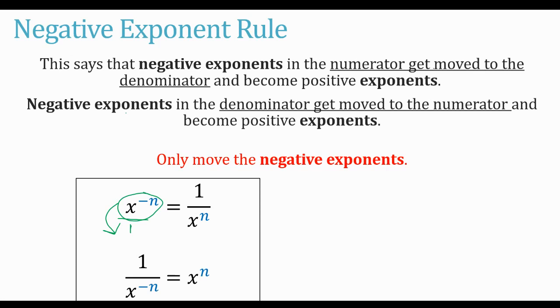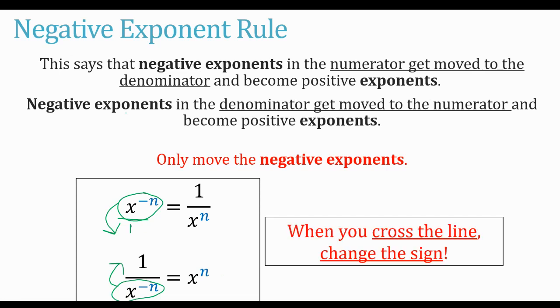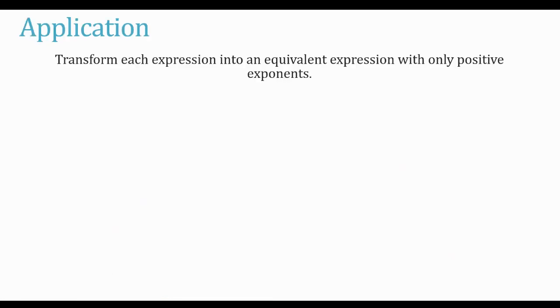Same thing if the exponent is in the denominator: we're going to take this, move it up, and our exponent becomes positive. A way to remember this is: when you cross the line, change the sign. We're crossing the line of the fraction and we're changing the sign of the exponent. So let's do a couple examples.